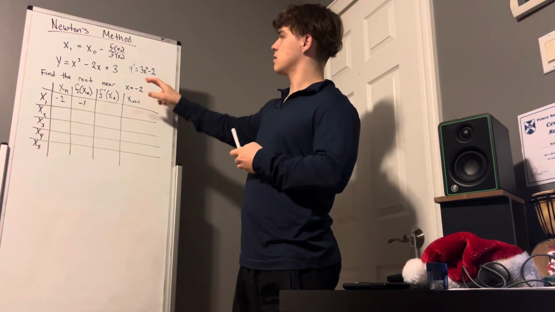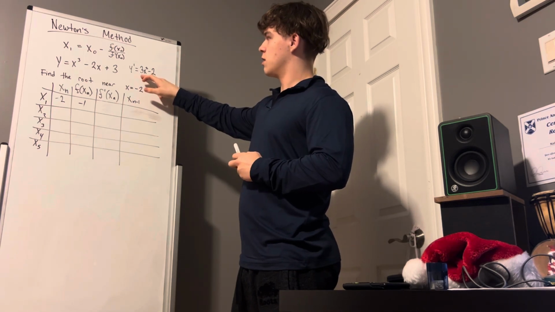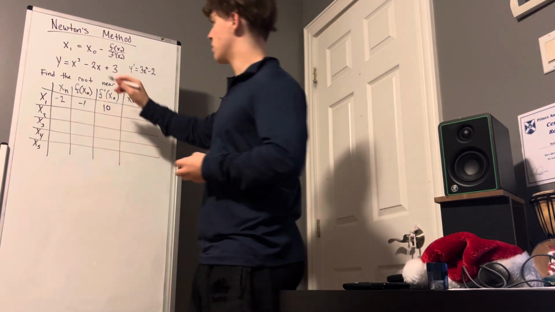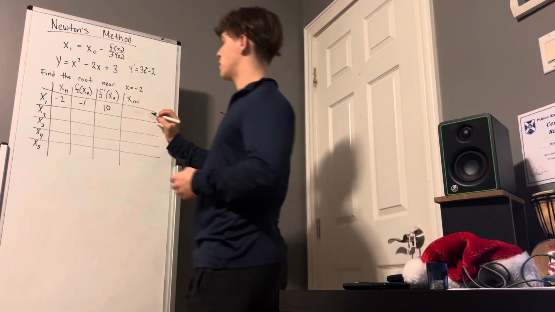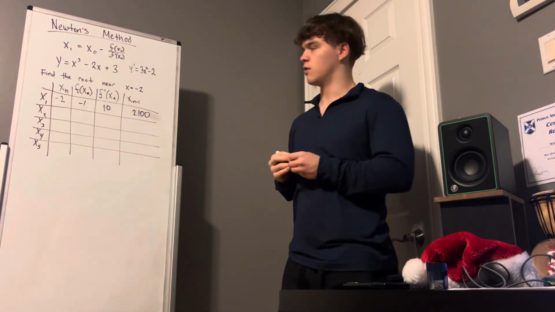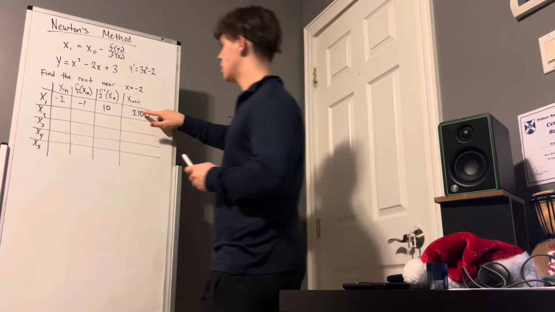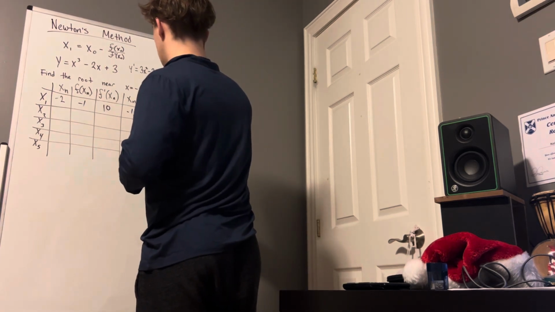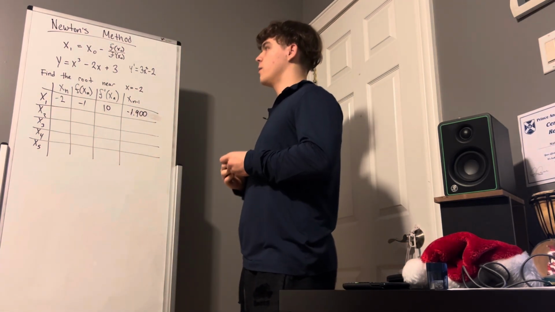Our f prime of xn is going to be 3 times 4 minus 2, that's 12 minus 2 is 10, so our xn plus 1 is going to be -2 plus 1/10, so that's -1.900. Forgot my negative sign.